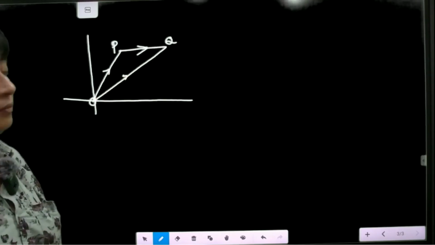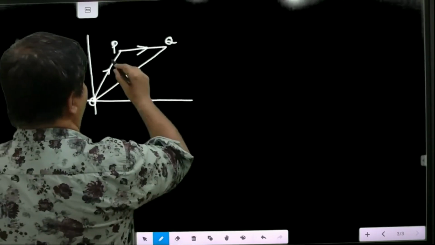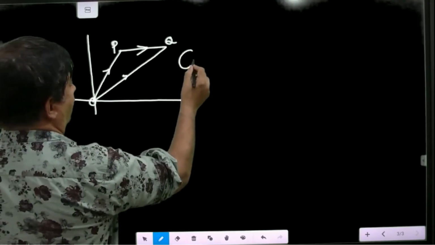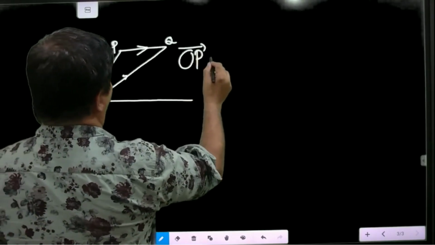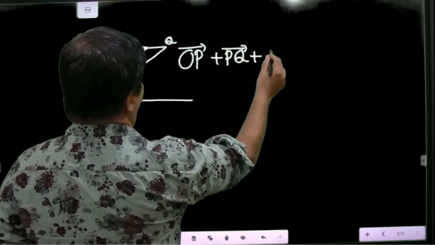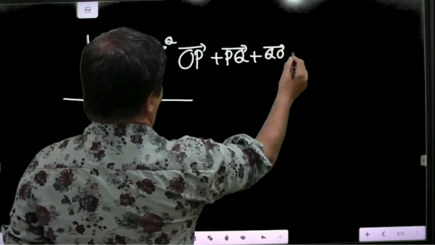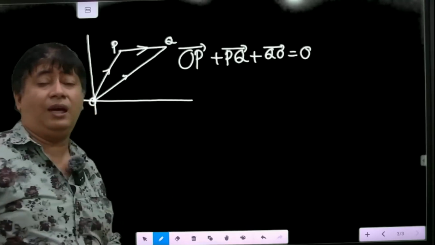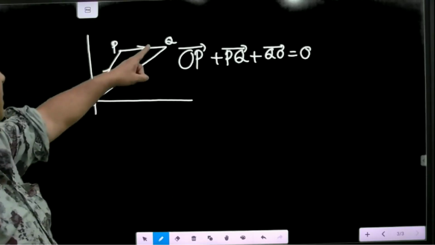Okay. Now, if I follow the triangle law, I will get OP, PQ, QO is equal to 0. Okay. OP, PQ, QO is 0.